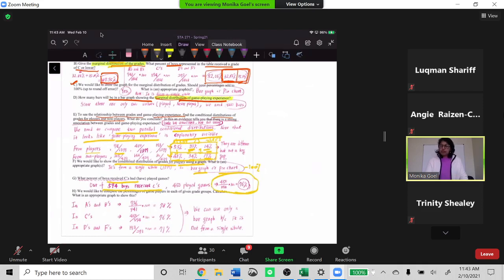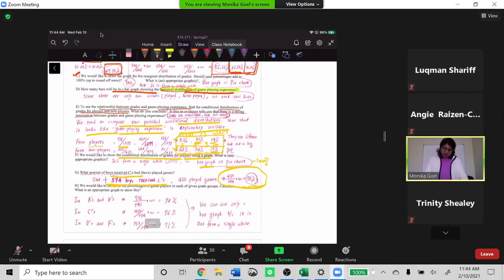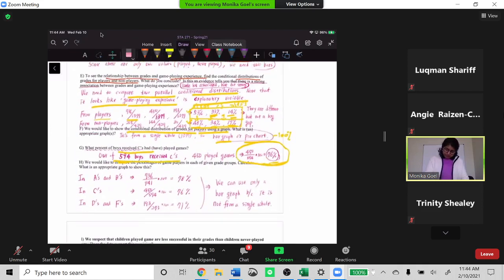So the students who received C's, there were 594. And how many of them played? So 76% received A's and B's, and the others received C's and never played.